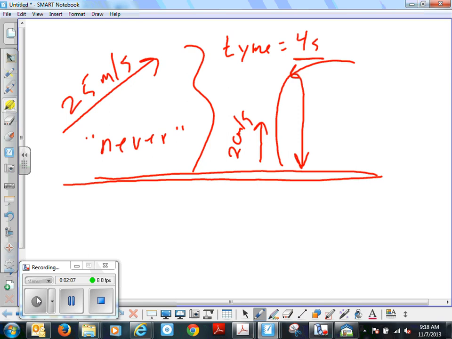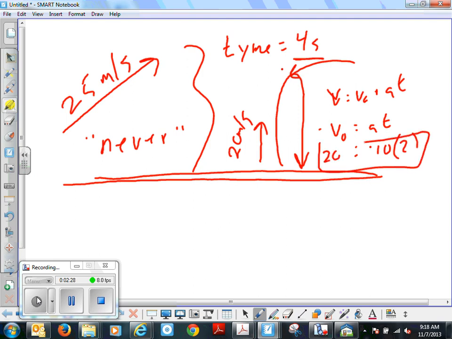If it takes 4.5 seconds, I must have been going 45. The formula you're using in your head is this: up here, the v is 0, so it's negative v sub naught equals at. Negative 10 times 2, you get 20 meters per second. And that's what you're doing in your head.